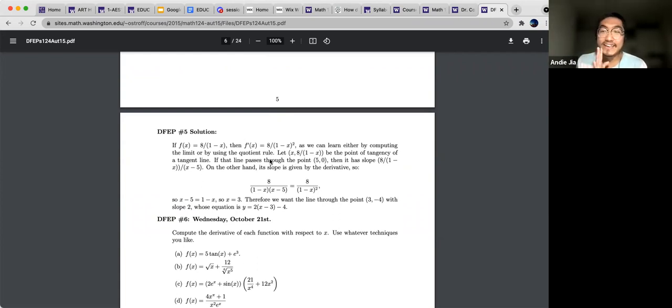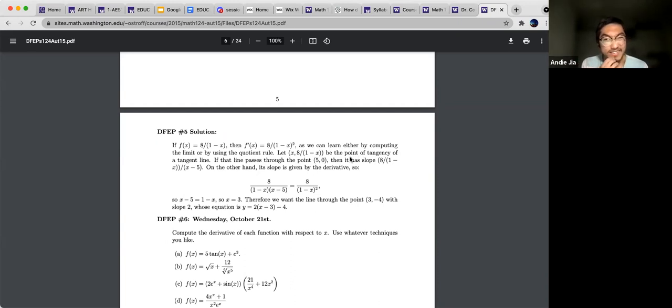Actually, you're kind of right, because after computing the derivative, we are probably going to use a limit, either computing a limit or using the quotient rule. So this x, 8 over 1 minus x, is a point of tangency.